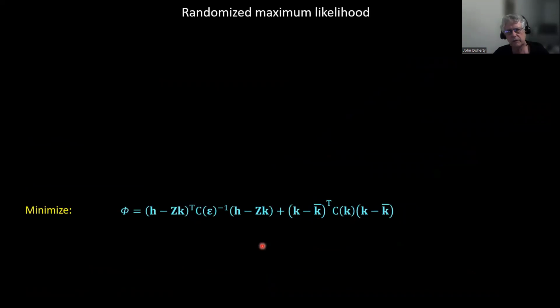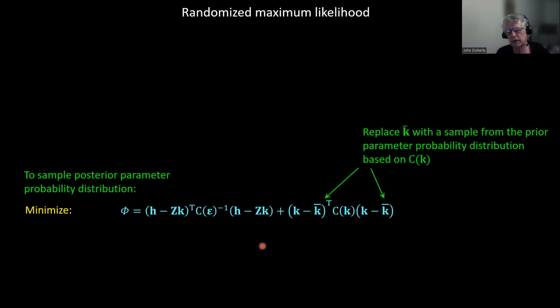Okay, so I'm going to use the same principles now to obtain a sample of the posterior parameter set. I'm not going to look for the mean of that set now. I'm going to obtain a sample of the posterior, a random sample of the posterior. Two changes I have to make to this equation for the objective function that I'm going to minimize. The first change is I'm not going to use the prior mean here anymore.